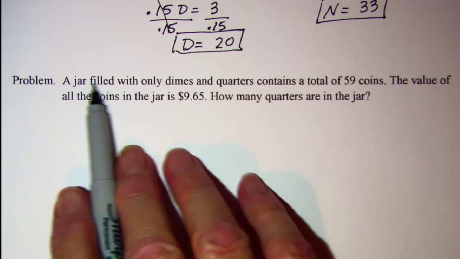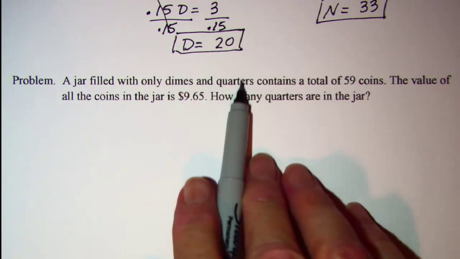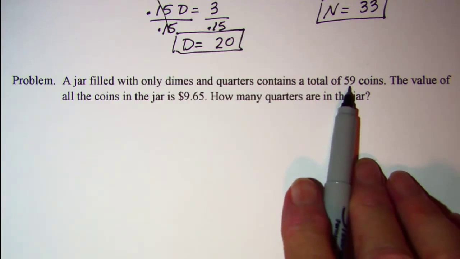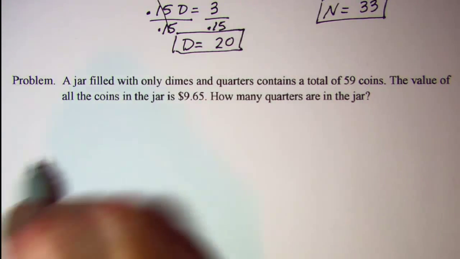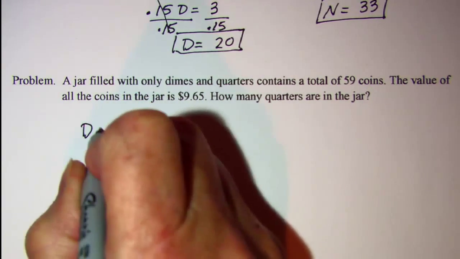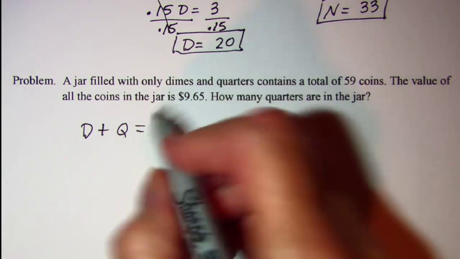Our first sentence tells me that I'm dealing with dimes and quarters, and the total number of coins is 59. So the first sentence deals with the quantity. Dimes plus quarters equals 59.